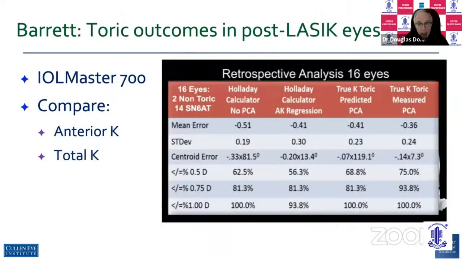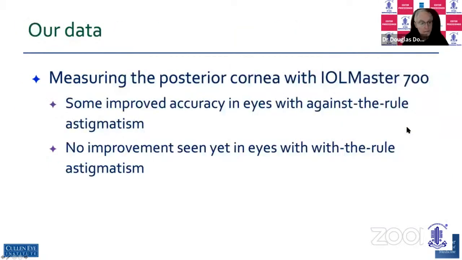There aren't a lot of data yet on using total corneal power with the IOL Master 700. Graham Barrett reported on a few cases for post-LASIK eyes, and he showed that he got 68% within a half diopter using TrueK, but 75% within a half diopter using the TrueK toric in these post-LASIK eyes, so measuring the posterior corneal curvature did help to improve his data.